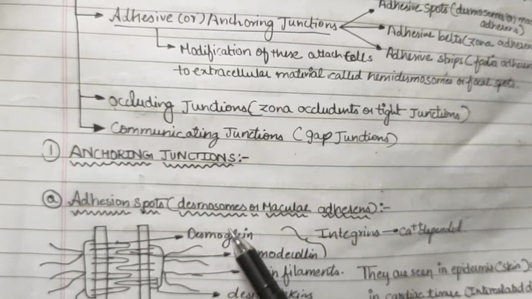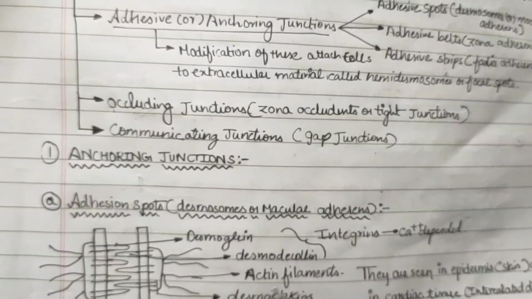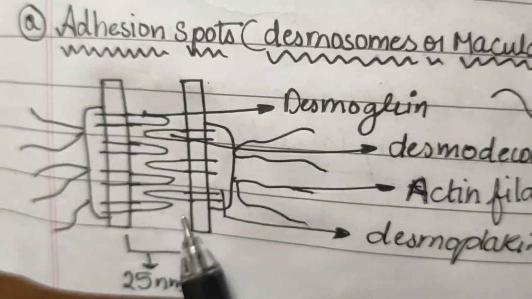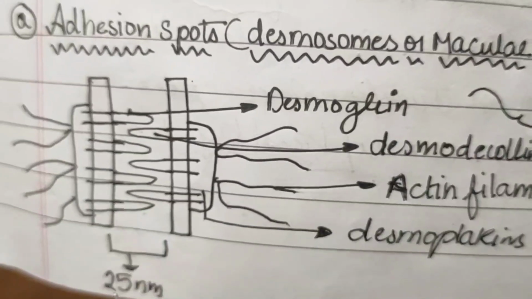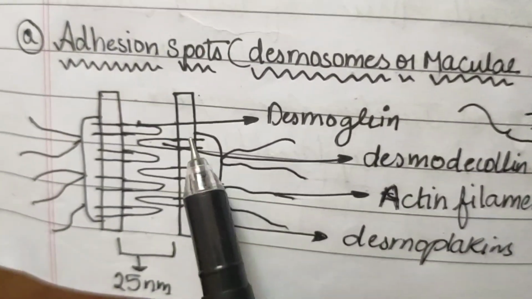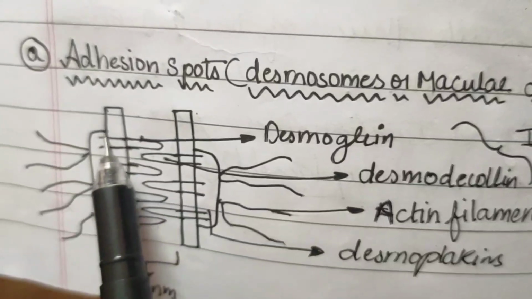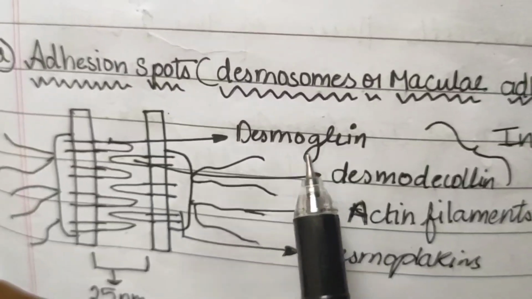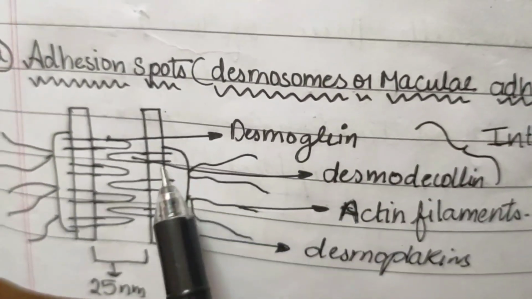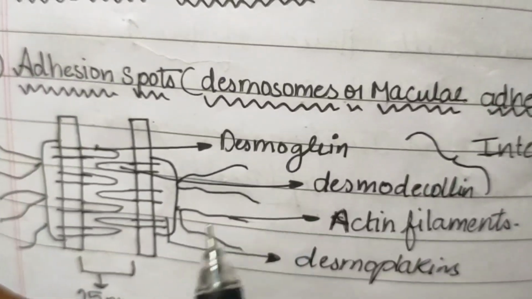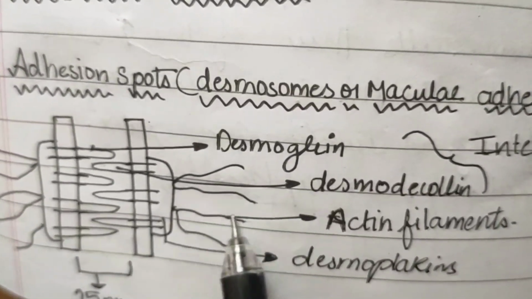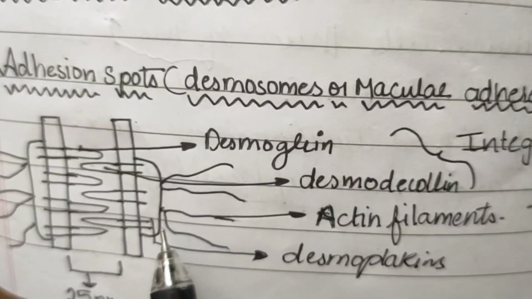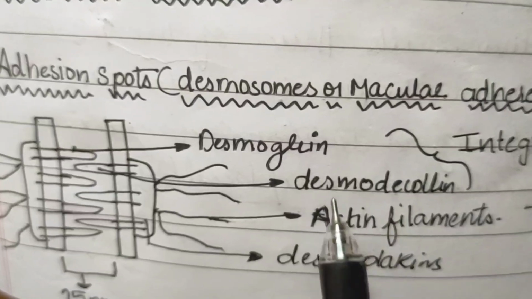These are known as desmosomes or maculae adherens, and here you can see the picture. The gap between two cell membranes is about 25 nanometers, and we have spikes arranged like a comb, which are desmoglein and desmocollin. The cytoskeleton fibers present are actin filaments, and the transmembrane or integral protein is desmoplakin.